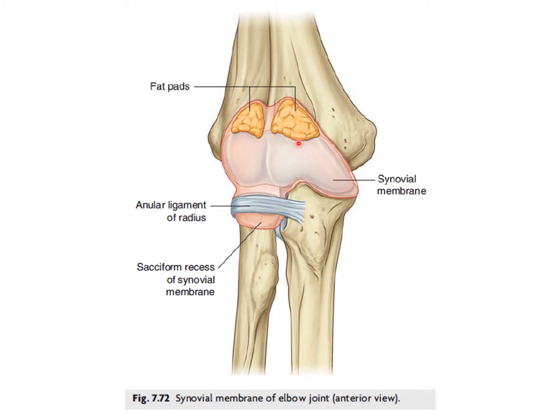So the synovial membrane of the elbow joint is actually extending down till the superior radioulnar joint, and here is the extension of this synovial membrane, which is known as sacciform recess of synovial membrane.